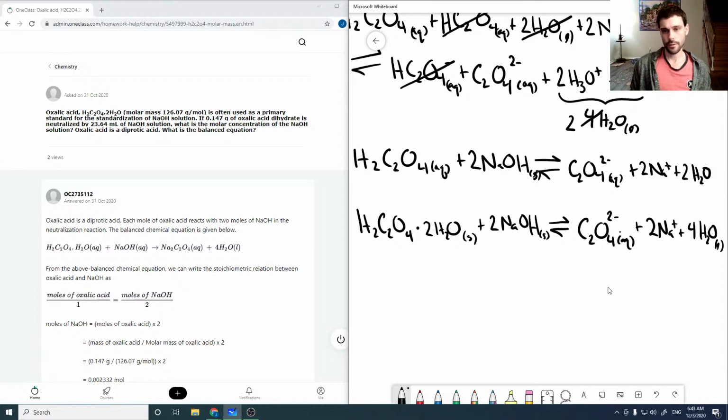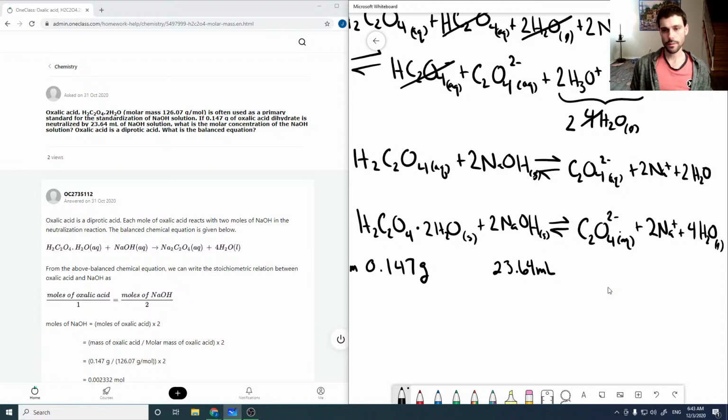And so getting back to the question, if we have 0.147 grams of our oxalic acid, and it's neutralized by 23.64 mils of sodium hydroxide, what is the molar concentration?